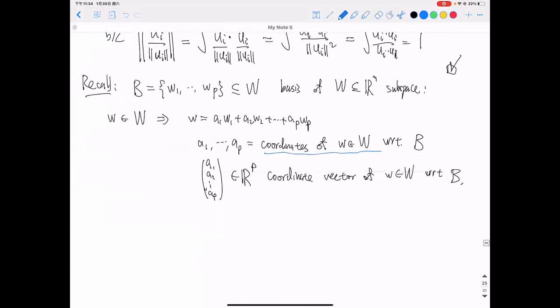We had this. So now the next thing I want to talk about is that if the basis B above is an orthogonal basis, then the process of determining the coordinates for any given vector W is rather simple.